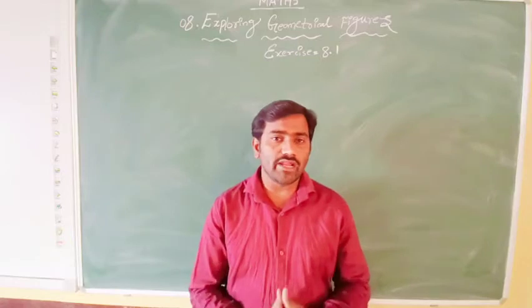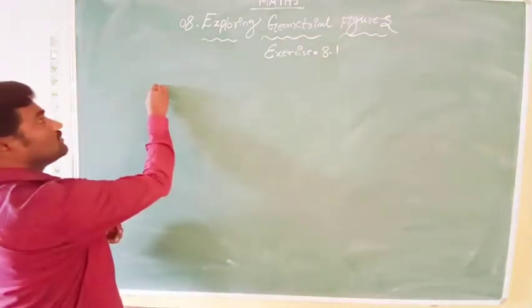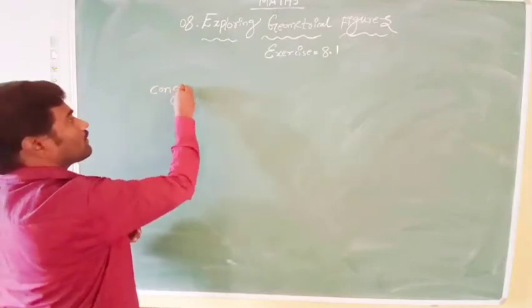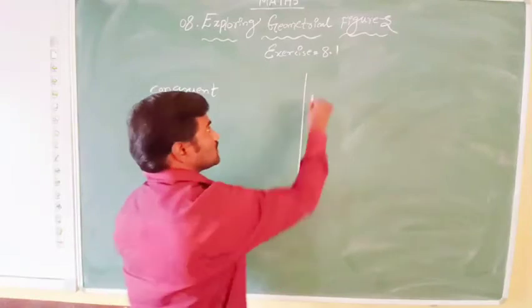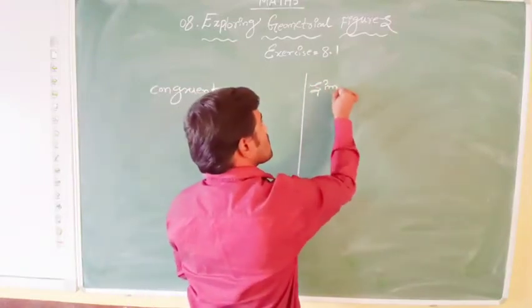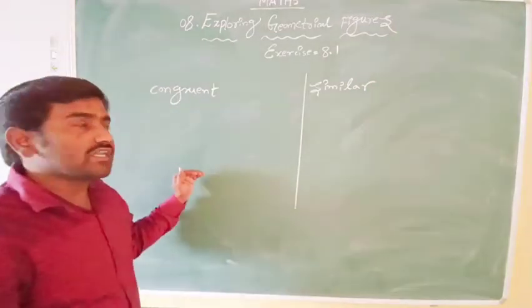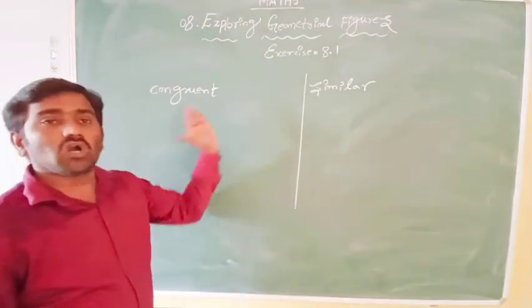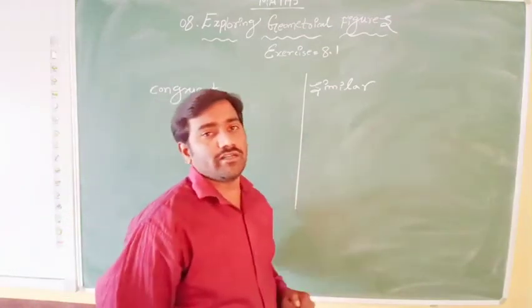So in this chapter mainly we are discussing two words: congruent and similar. When can we say two figures are congruent and when can we say two figures are similar?